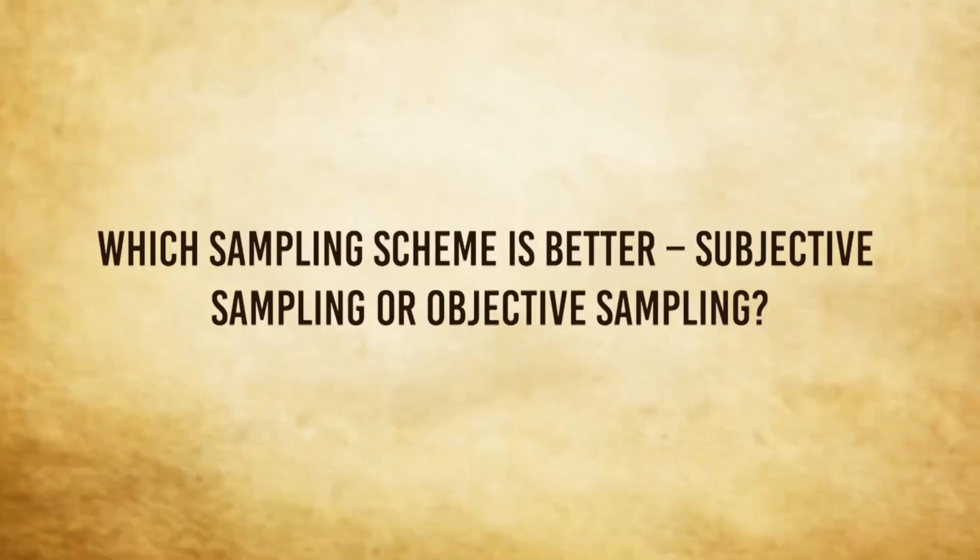Now can you tell me which is better, subjective sampling or objective sampling? There is no hard and fast rule to say whether subjective sampling is better or objective sampling is better. Actually, when I want my individuals to be selected according to my will, maybe in case of an index number, then we go for subjective sampling.